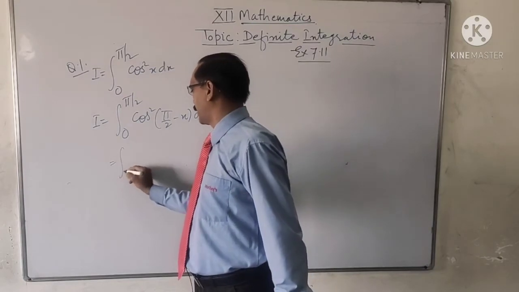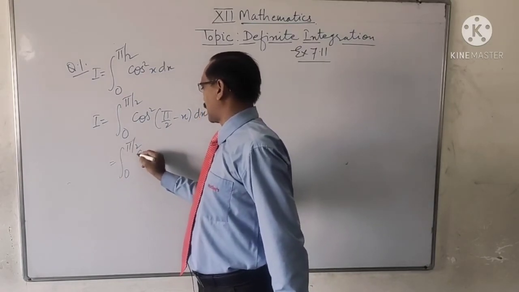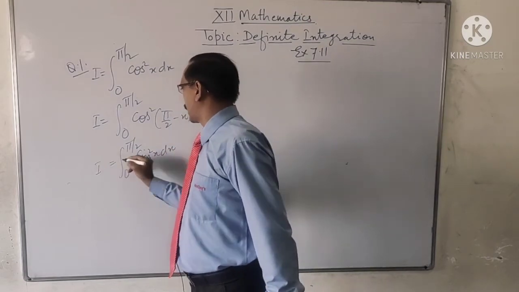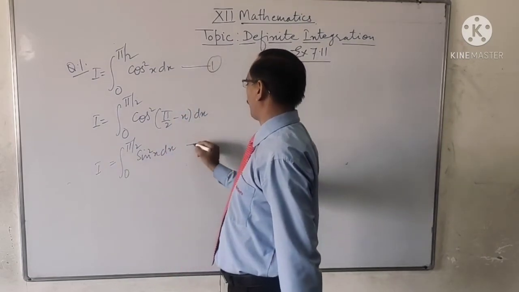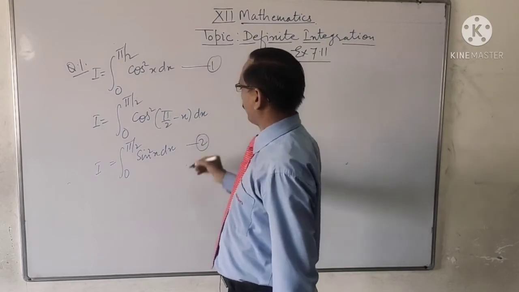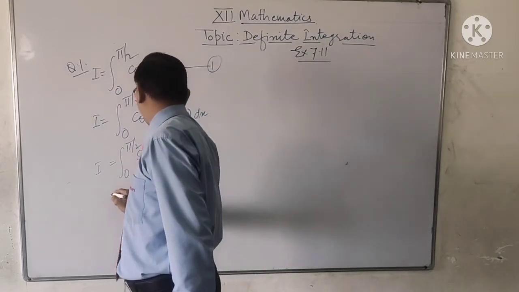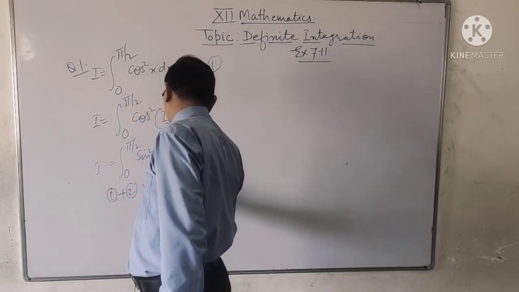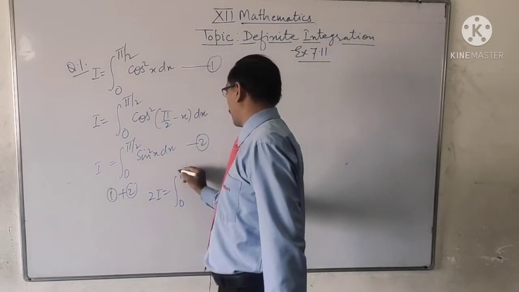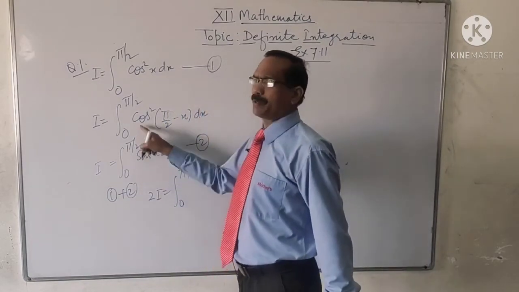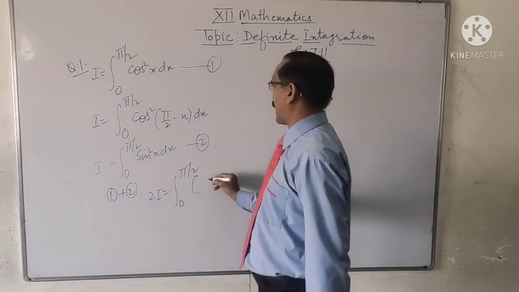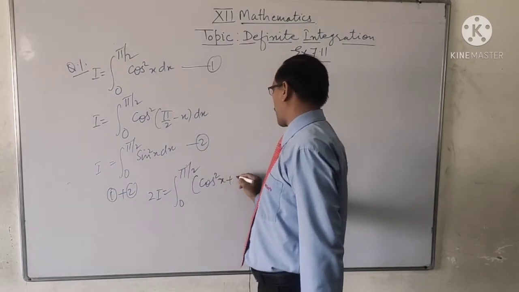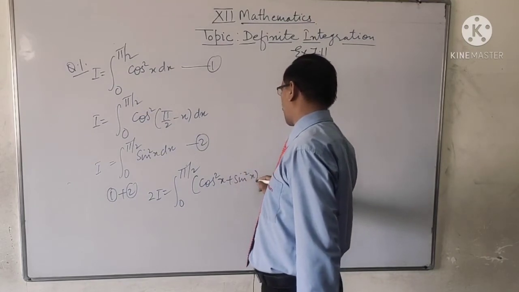It will be sin square x dx. Now adding 1 and 2, we get 2I equals the integral from 0 to pi by 2. Since the limits of integration are the same, we can write it all together as cos square x plus sin square x dx.